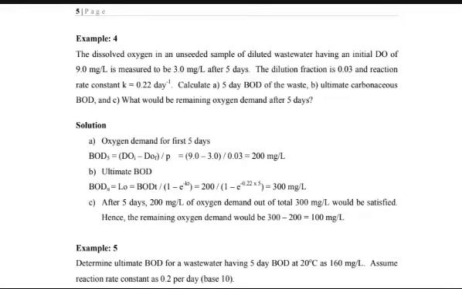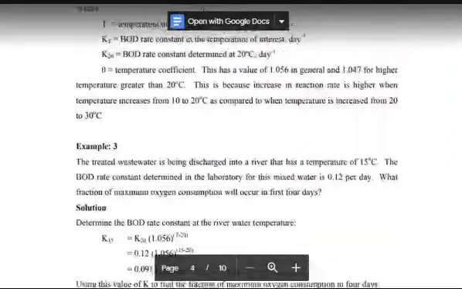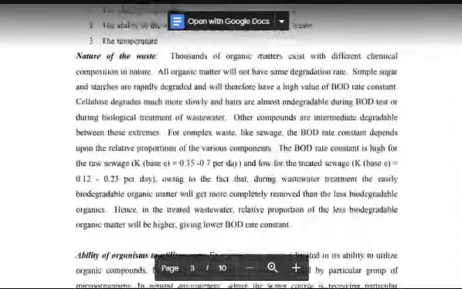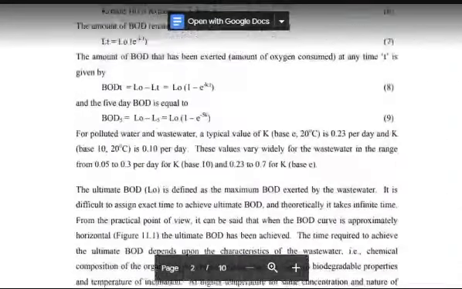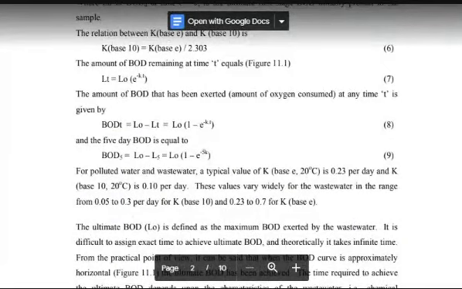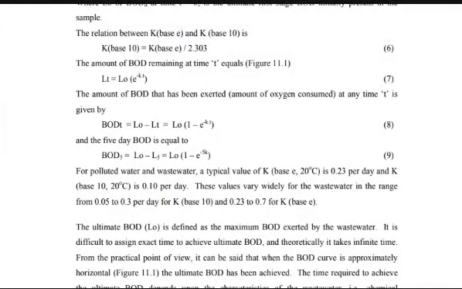Let's look at the previous formula, and from that you can easily understand the meaning. BOD at any time is equal to L0 minus Lt, initial BOD minus final BOD.